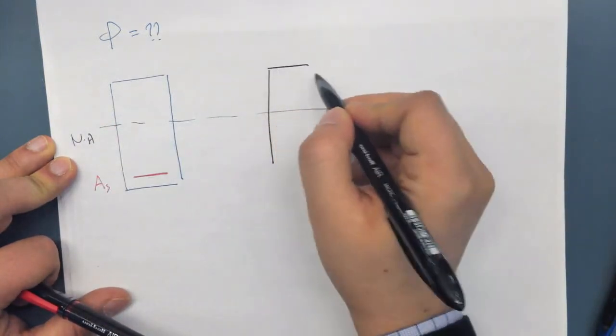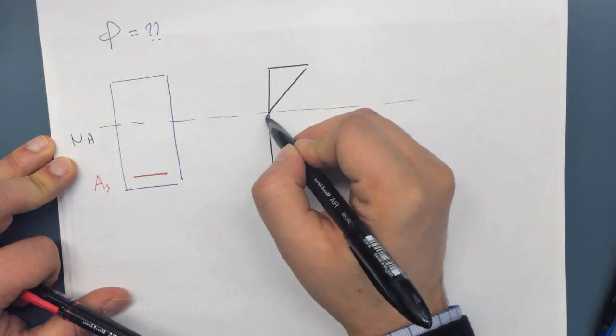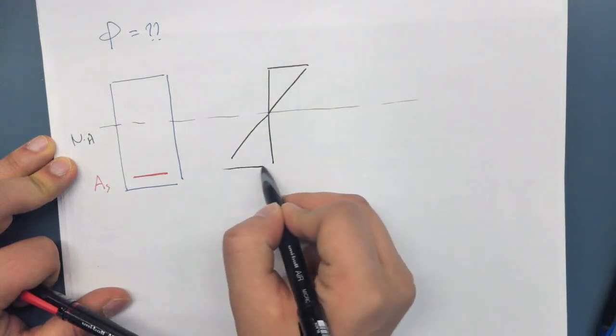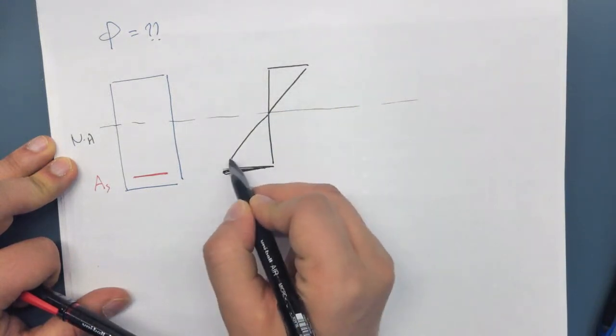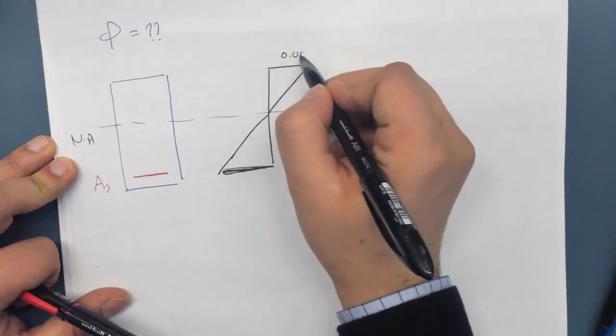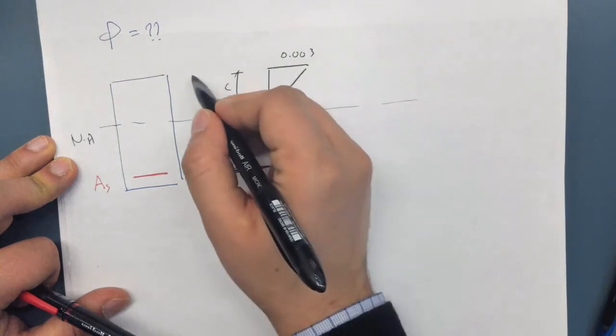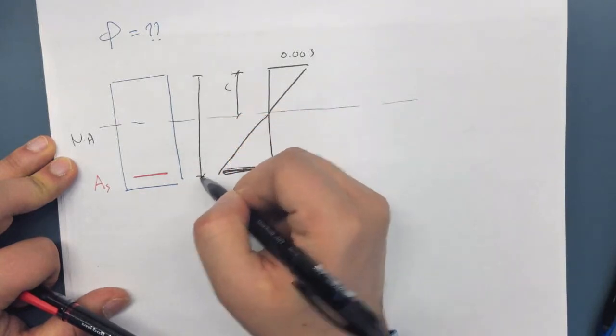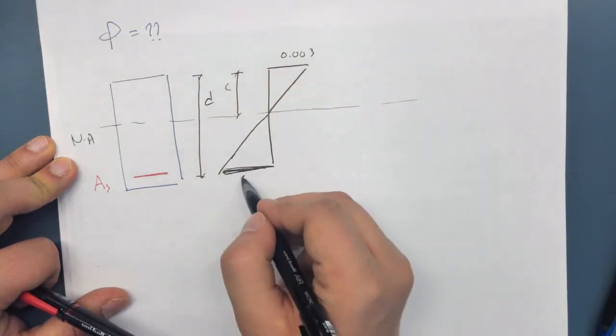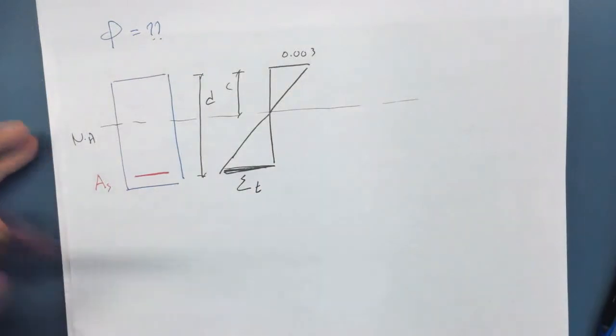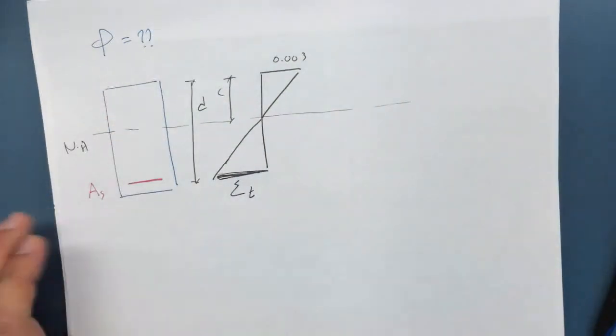This is the strain profile. So this is 0.003, this is c, this is d, and this is epsilon t.